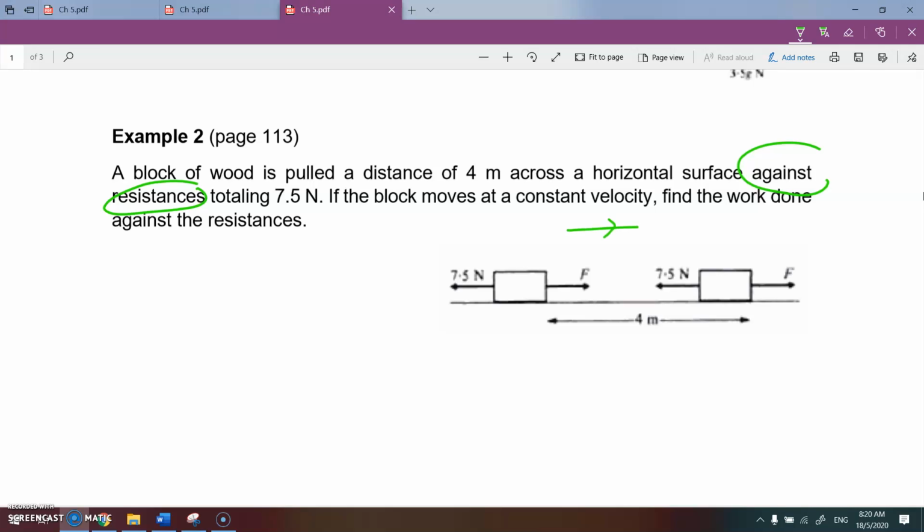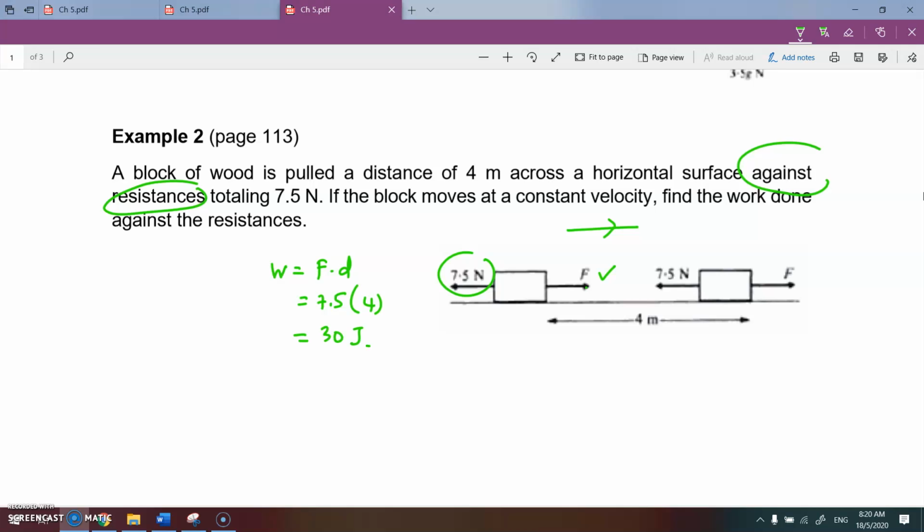It is given here 7.5, so we still consider F times distance. We take 7.5 and the distance is 4, so your answer would be 30 joules.